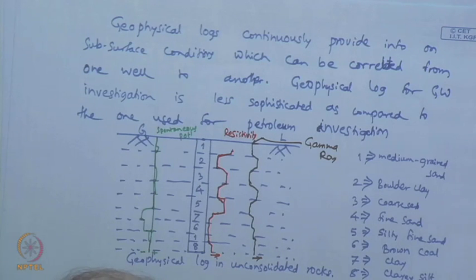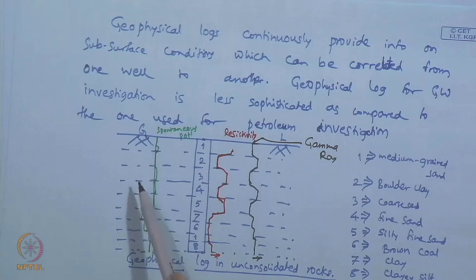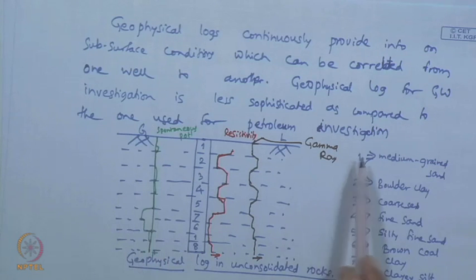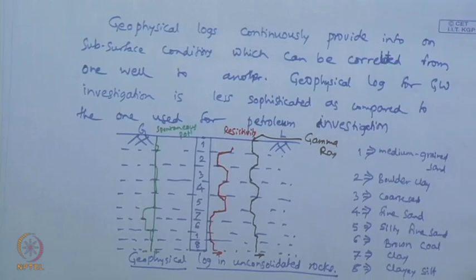We will discuss each of these separately, and this geophysical log consists of continuous information. So, based on these different properties, we can interpret the formations as well as the groundwater availability in each of these.